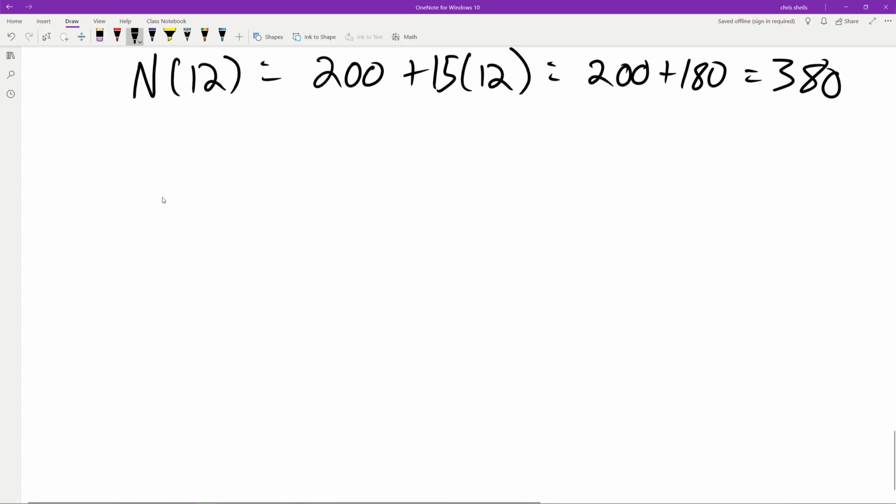Let's look at calculating rate of change. How do I find a rate of change, or how do I find a slope?